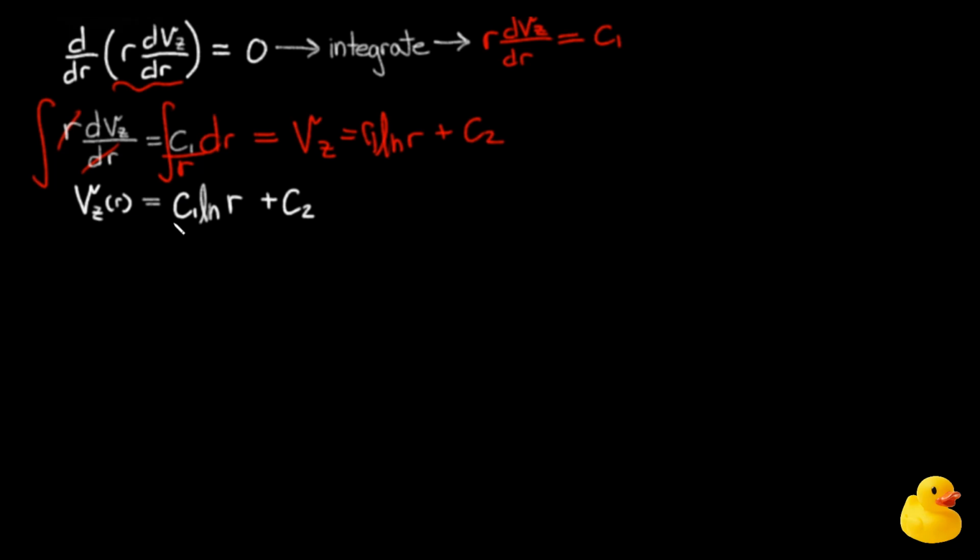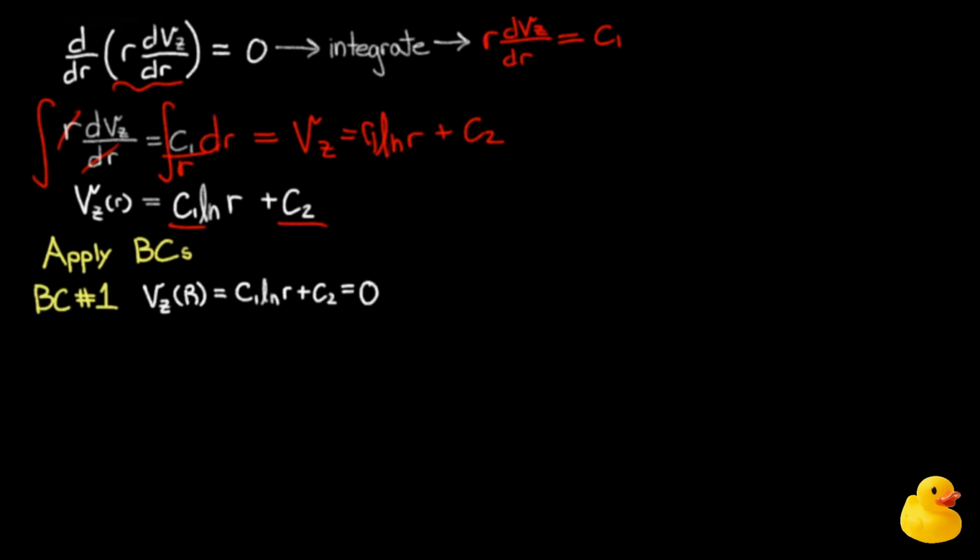We're going to have to apply our boundary conditions. Earlier we defined our boundary conditions depending on how far we are from the radius of the cylinder. So for the first boundary condition, which is at radius r, we know that the axial velocity is 0.